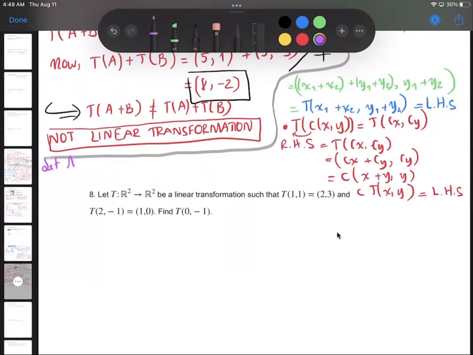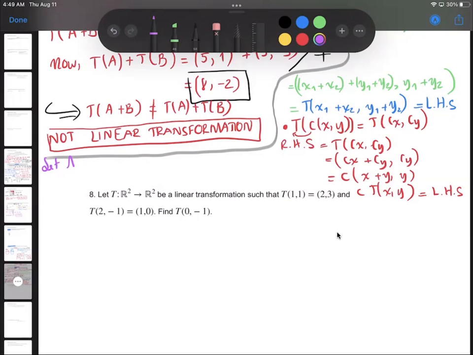Then I got A times xy is equal to what? The x component is x plus y, and y. How do I solve for A? Well, multiply both sides by xy inverse, right? Make sure if you multiply something to the left, you do the same thing to the right, because matrix multiplication is not commutative.